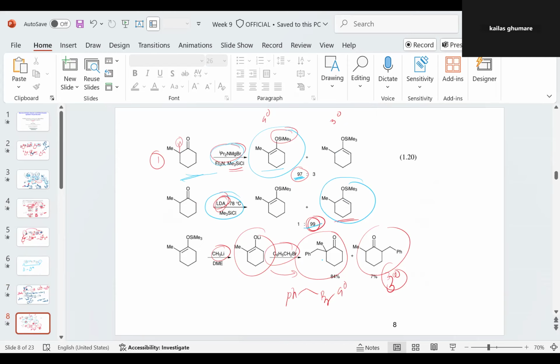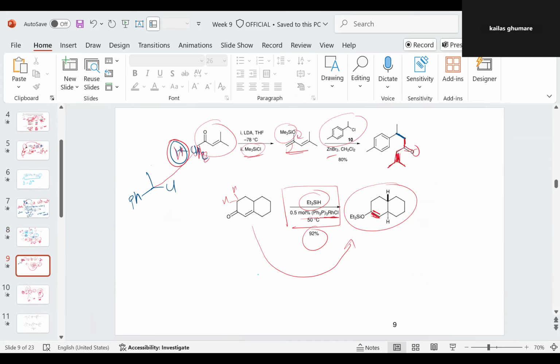So just by varying the base, we can control whether it is thermodynamic or kinetic. Also important to note, this reaction is at room temperature, and the kinetically controlled reaction with LDA occurs at minus 78 degrees Celsius. If you perform this reaction at room temperature, then the selectivity vanishes, and we will not get the selective formation of the kinetically controlled product.